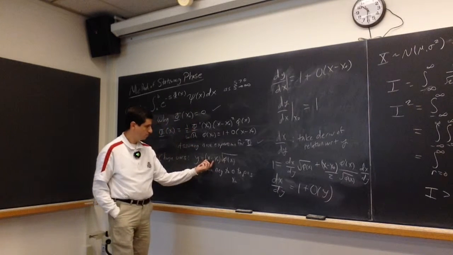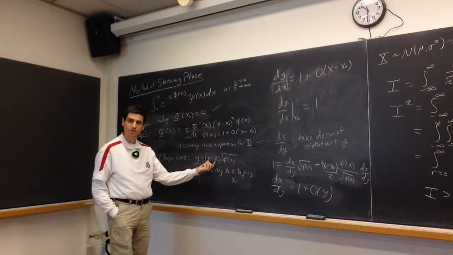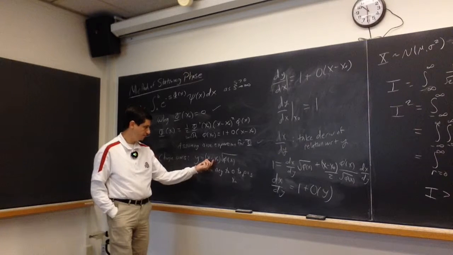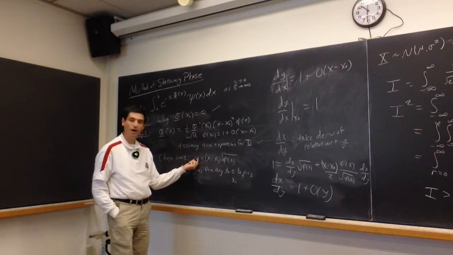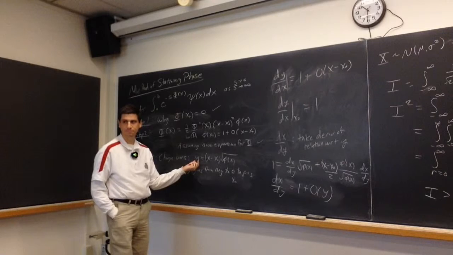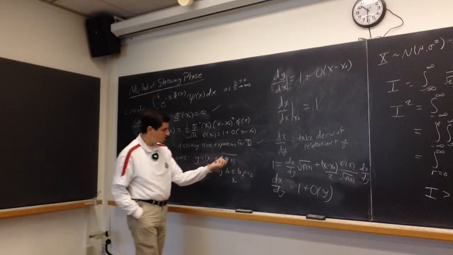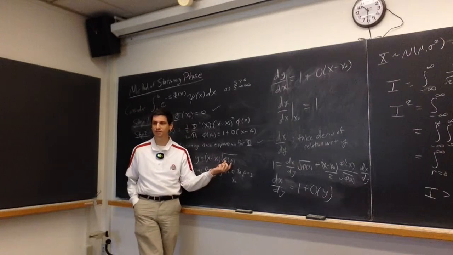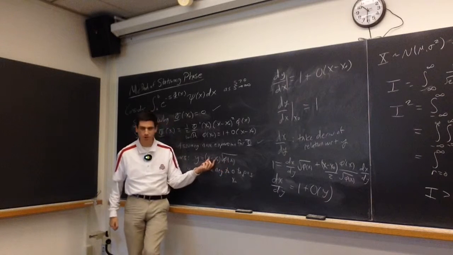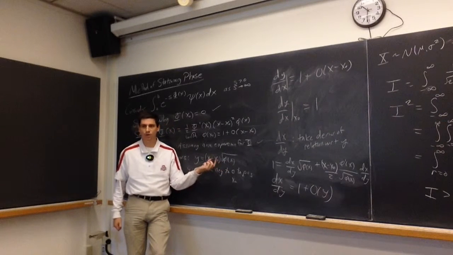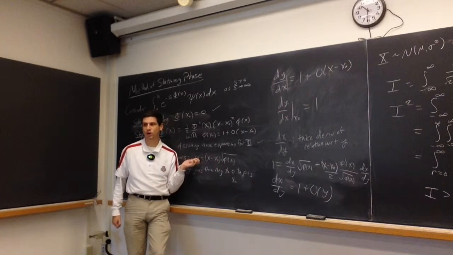If x minus x naught is of size epsilon, how big is y? Also of size epsilon. There are some small changes because of the square root of phi of x, but if x is really close to x naught, whatever that order is, that's basically the same size as y.